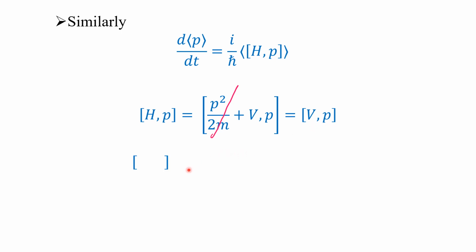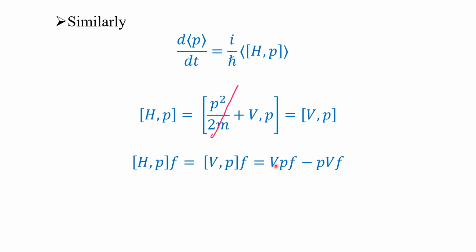As usual, let the commutator of H and p act on some arbitrary function f. H is replaced by V from the expression above. The commutator between V and p acting on f is equal to V p f minus p V f.